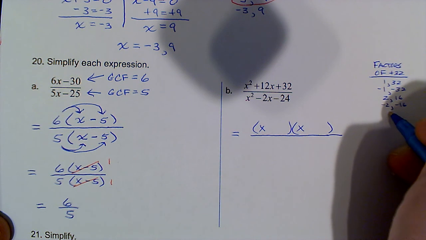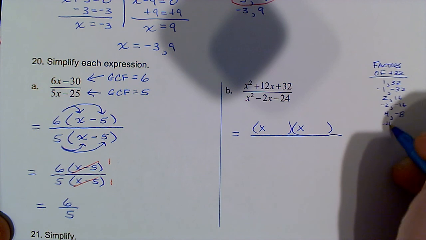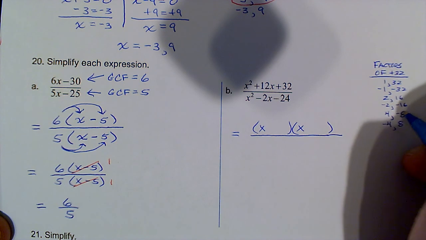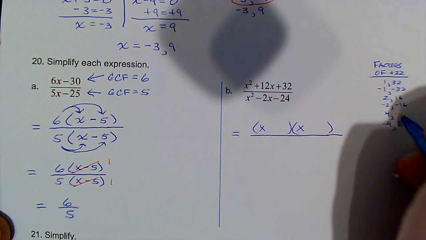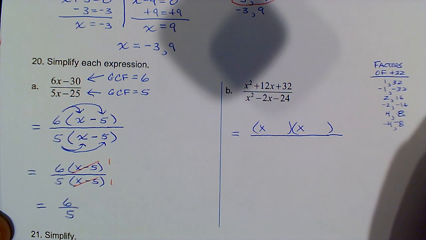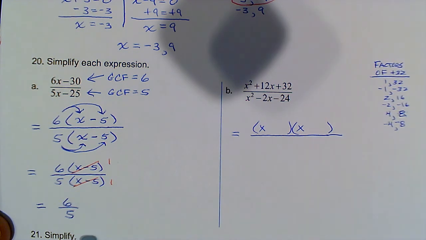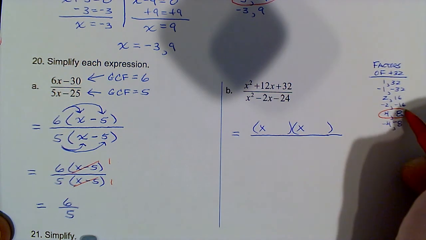Let's see, 4 actually does work, right? 4 and 8, because the product's positive. Factors of positive 32, so 4 and 8, negative 4, negative 8. And I think that's it, right? And so the pair that combines to give us the positive 12 is the positive 4 and positive 8.